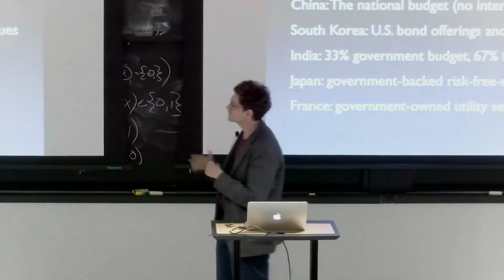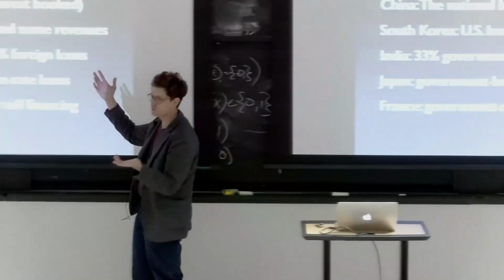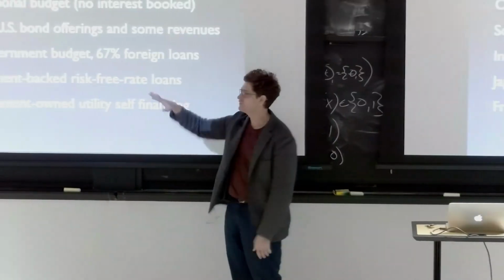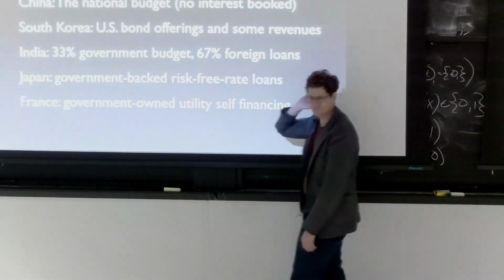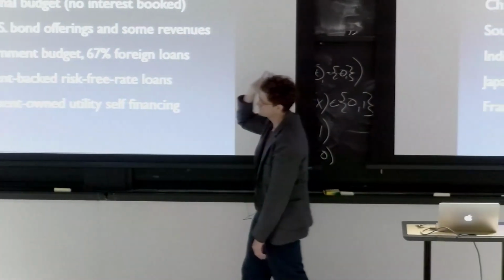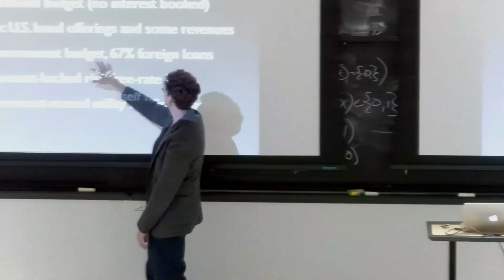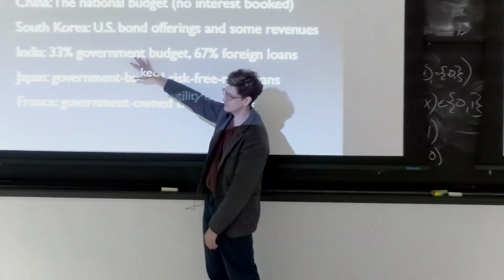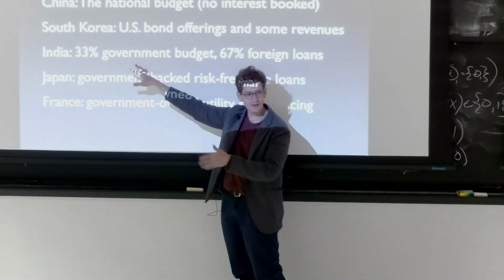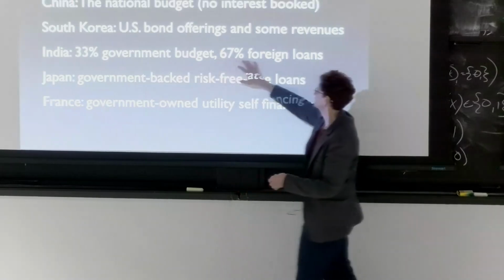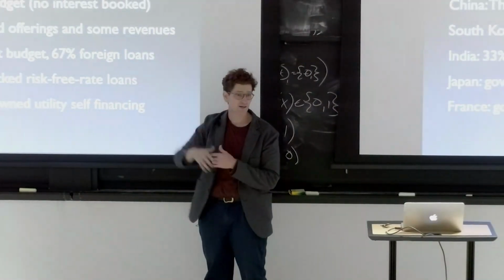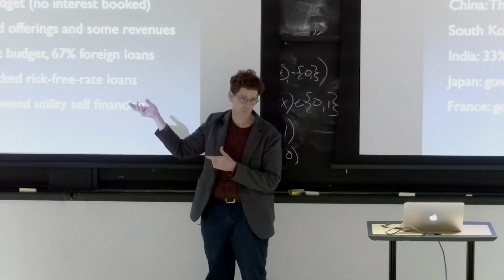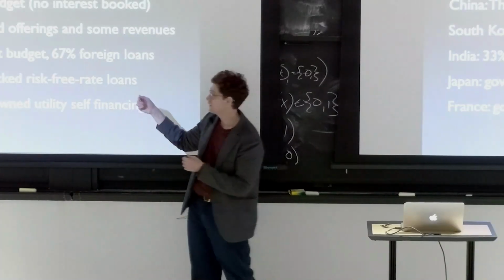Okay, other countries don't work this way. China, it just comes out every year out of the national budget. That used to be the case for India. India, maybe 10 years ago, switched so that it's now 33% comes out of the annual budget, and then 60% they take from foreign loans principally, like issuing bonds on the U.S. bond market.